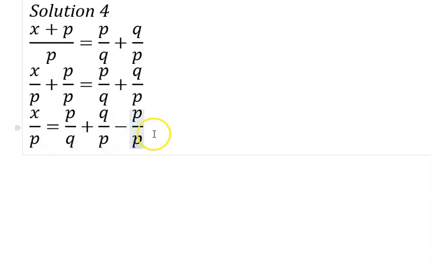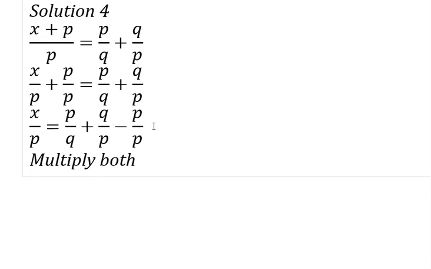Now, let's multiply both sides, this left hand side and this right hand side, by p. Let's quickly do that. So you multiply both sides by p. Awesome.